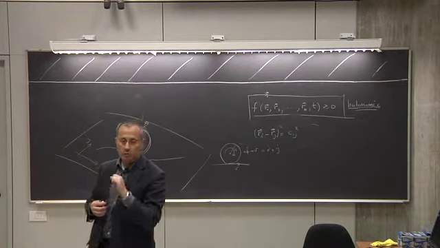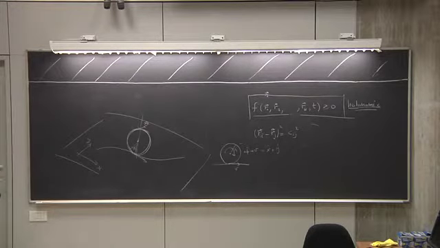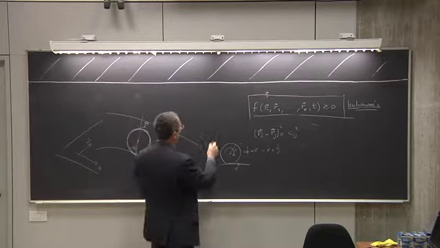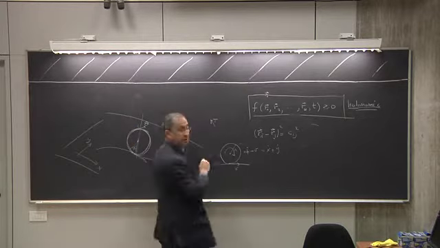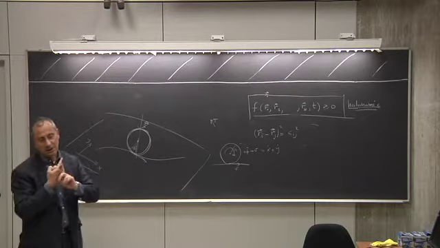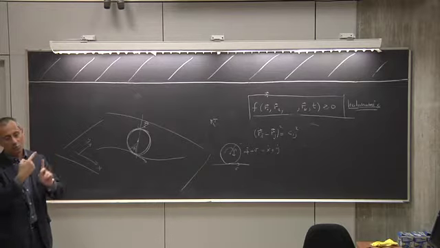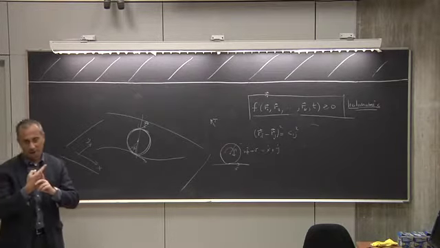But how about the work done by the constraint? You remember when we solved the problem with the sliding mass on top of the other, we worried a lot about the tension, and the tension was work done by the constraint, because the constraint was the string, and the movement of the string was the, okay?